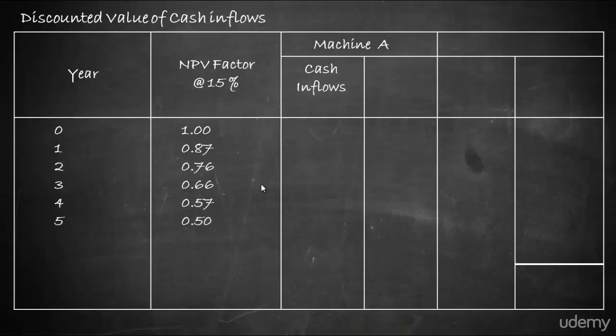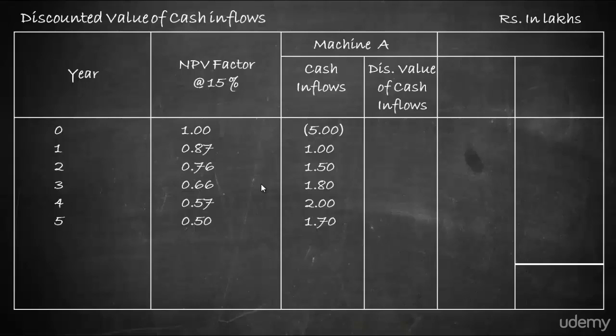We have cash inflows and outflows of mission A. At point 0, it will have an outflow of 5 lakh. That's what we have computed now. And over a period of 5 years, the cash flow information is available in the question. I'm just fitting them. So now what we can find is discounted cash flows. That is, these cash flows can be multiplied with this NPV factor.